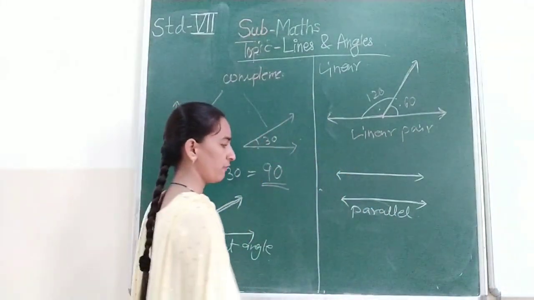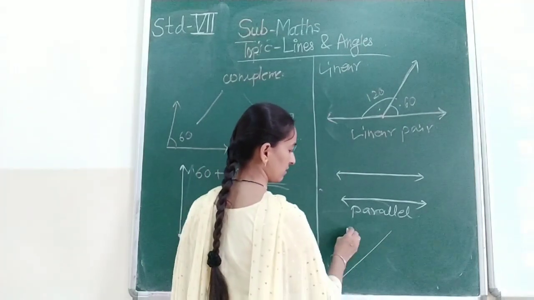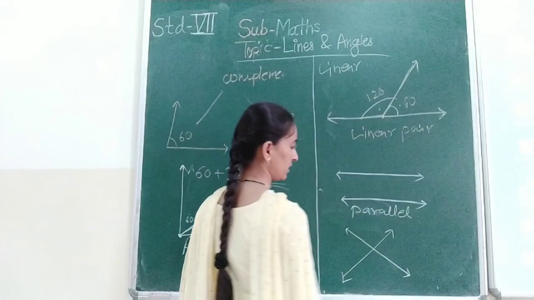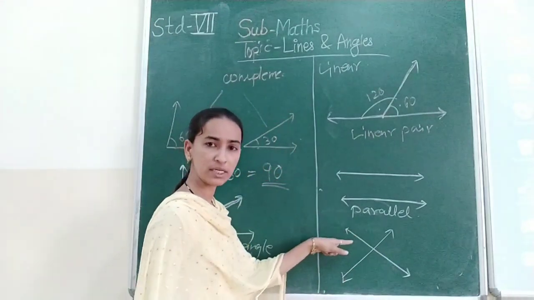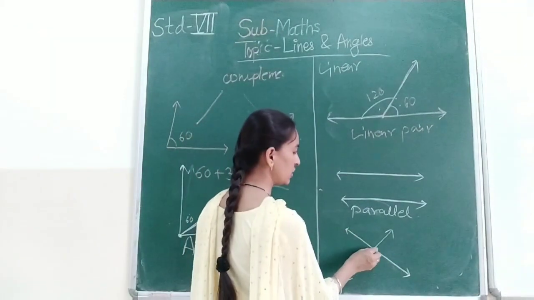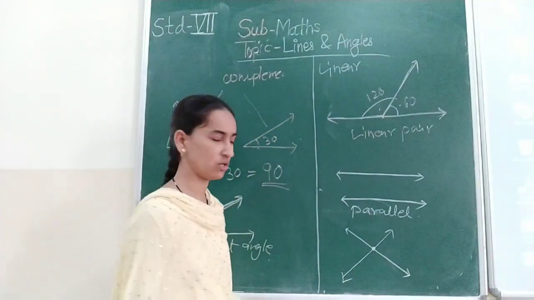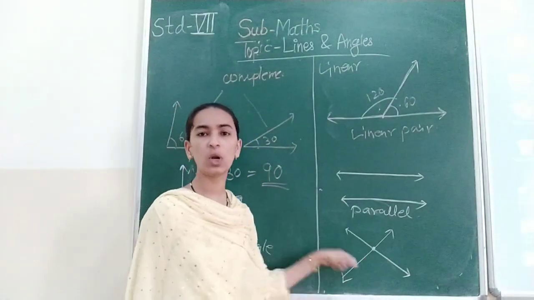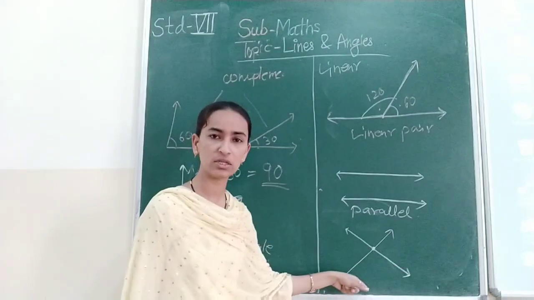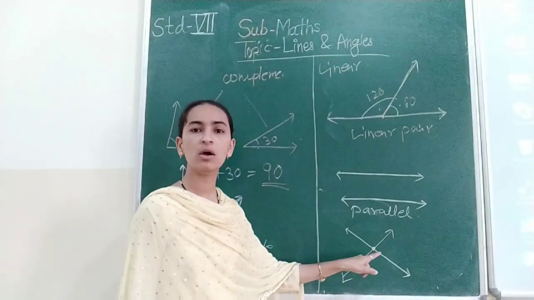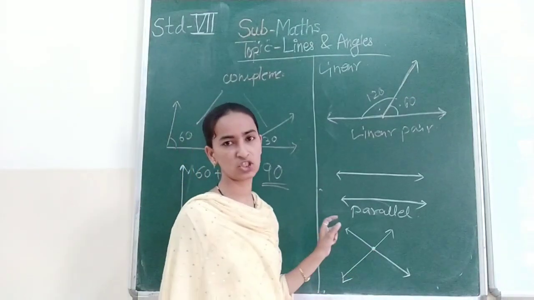Students, when two lines cut each other, these two lines are called intersecting lines, and this point is called the point of intersection. When two lines cut each other, they are intersecting, and the point is called the point of intersection.